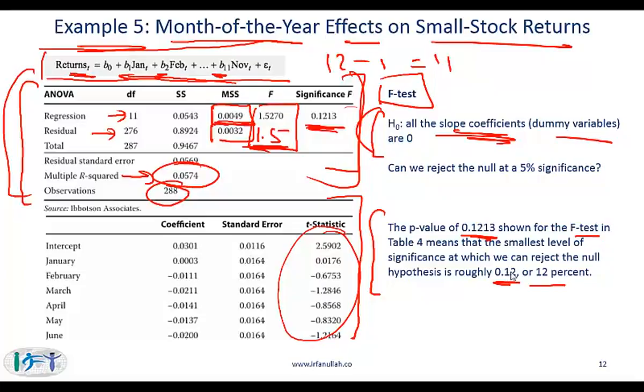So only if we go up to 12.14% can we reject the null hypothesis. And this connects with the basic definition of the p-value. So the p-value shown for the f-test means that the smallest level of significance at which we can reject the null hypothesis is roughly 12%. Okay, hopefully the definition of p-value is also coming through over here.